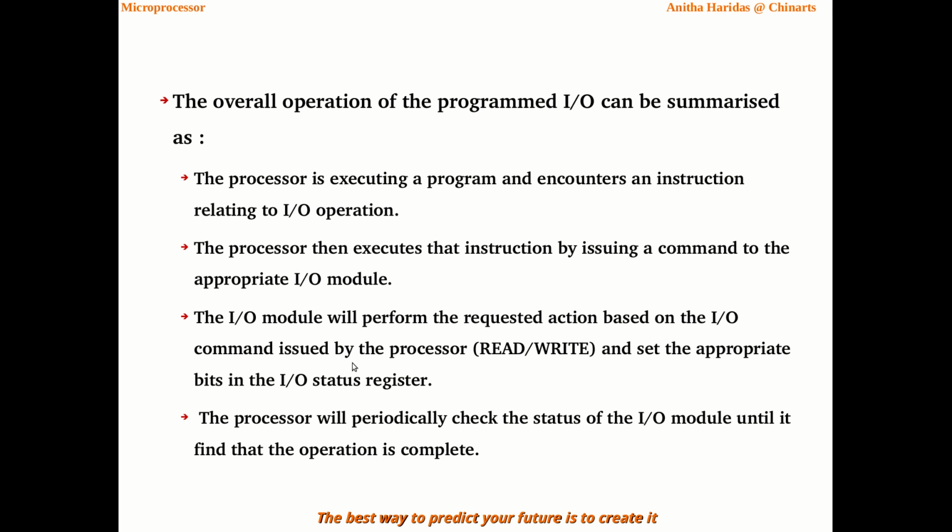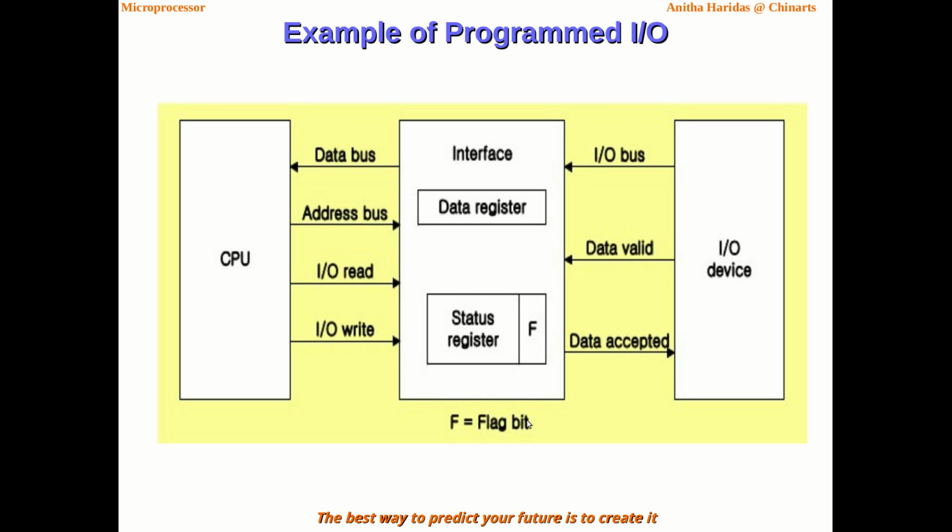So for this particular set of operations, I am going to show you a diagrammatic representation of the programmed input output interface unit. You have a CPU here, you have an input output device, and in between I am going to have an interface unit. If it is programmed input output, you need a data register which acts as the buffer.